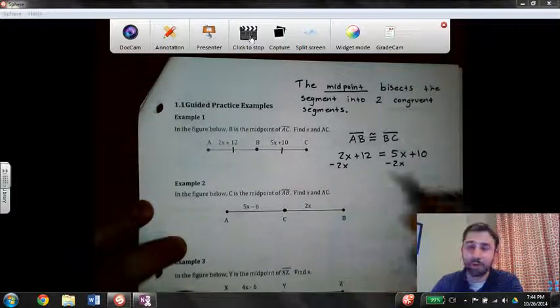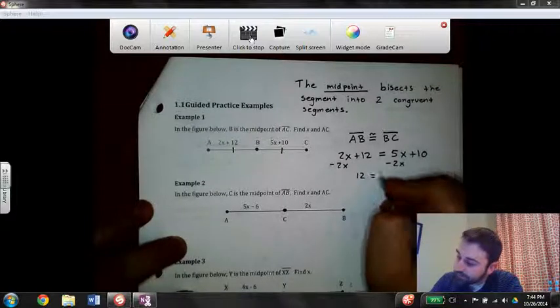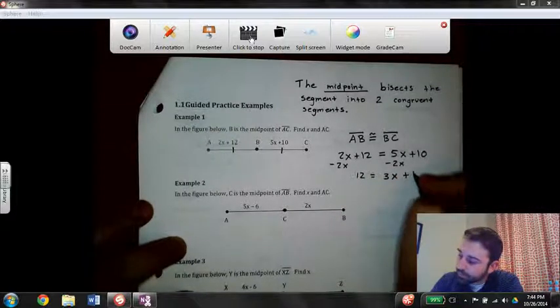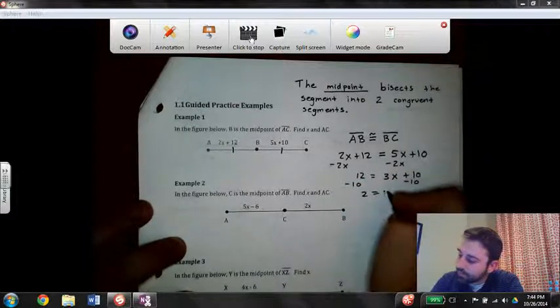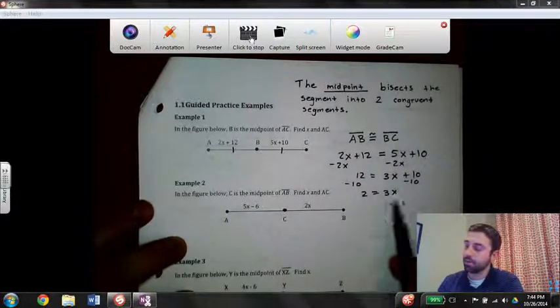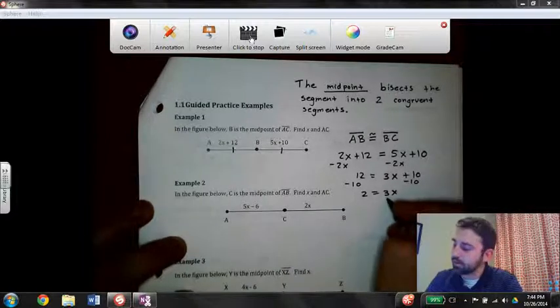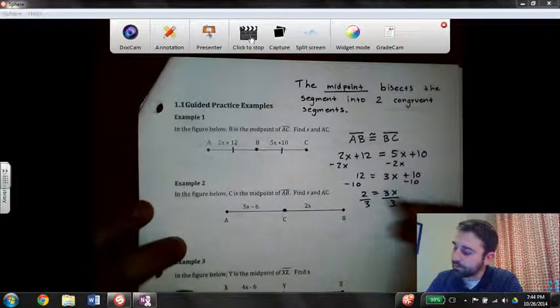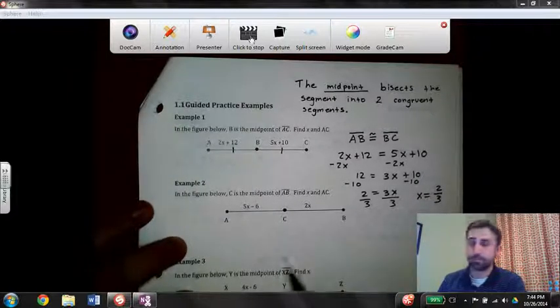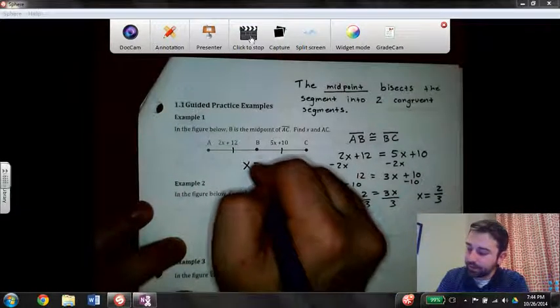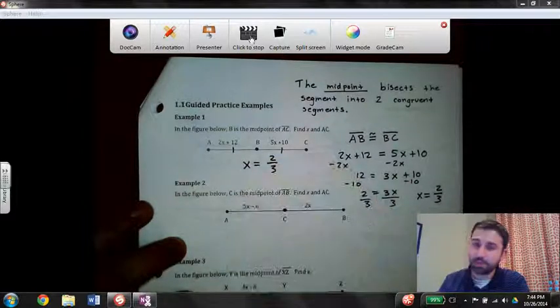I'm going to subtract 2x on both sides, and then subtract 10 on both sides. Then, in order to solve, I'm going to divide by 3 to get x by itself. And here I get x is equal to 2/3.